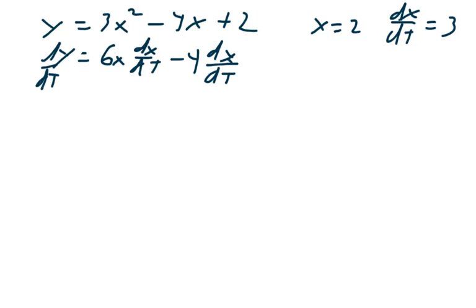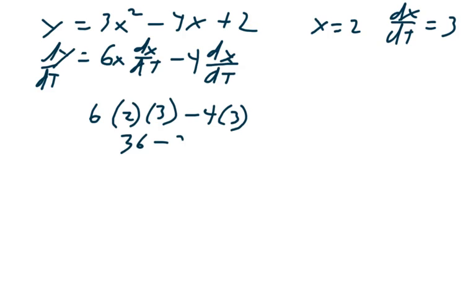And of course the derivative of 2 is 0, so I don't have to worry about any dx dt's. So I got 6 times 2 times 3 minus 4 times 3. 36 minus 12 means dy dt is equal to 24.